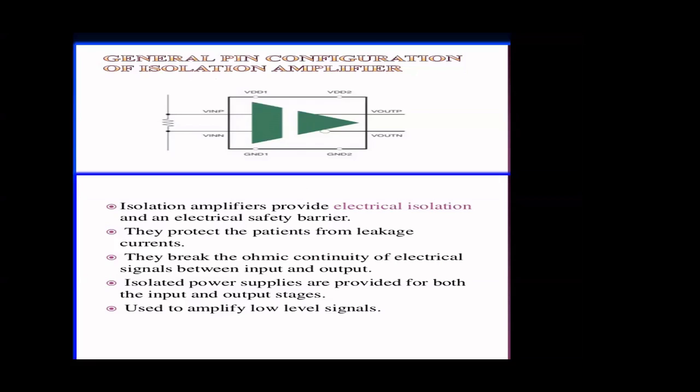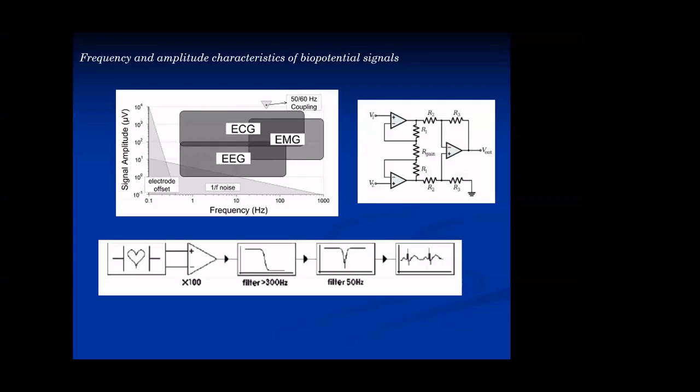block is the analog signal processing, which consists of amplifiers and filters. So we basically use an instrumentation amplifier. This is an instrumentation amplifier. It has a lot of advantages like high gain and high CMRR, common mode rejection ratio. In addition to the desired signal, some noise will also be present.